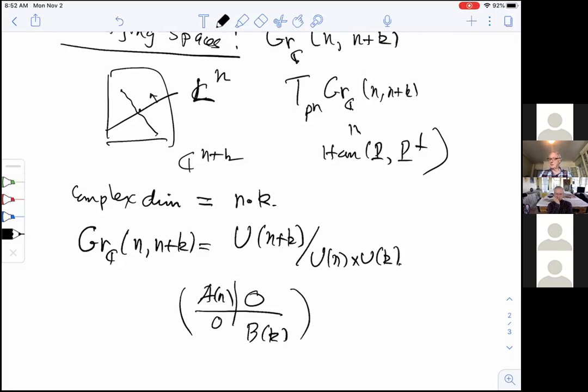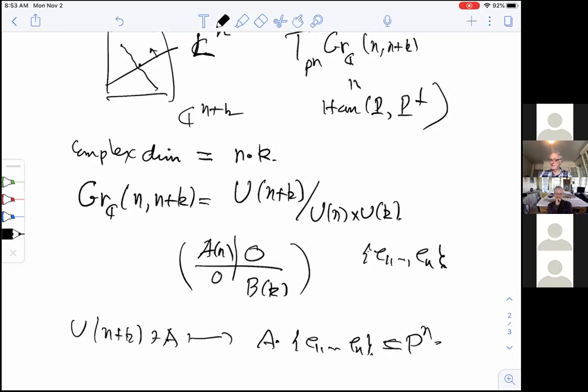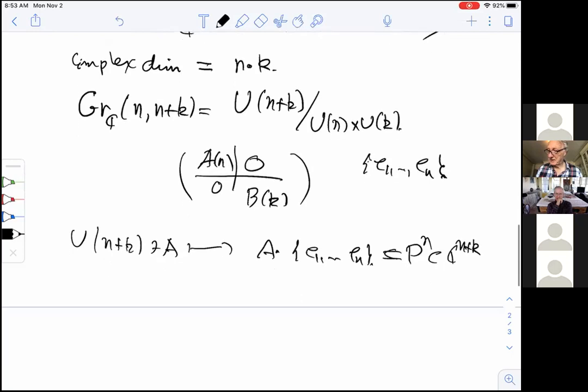And in fact, this is the full subgroup of the large unitary group that fixes the plane spanned by the first n basis vectors. So you send an element A in U(n+k) to A acting on the plane spanned by e1 up to en. That's an n-dimensional plane in C^(n+k), and that gives you a diffeomorphism between the coset space here and the Grassmannian.